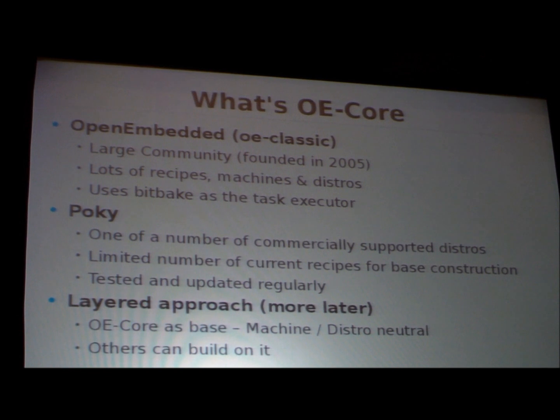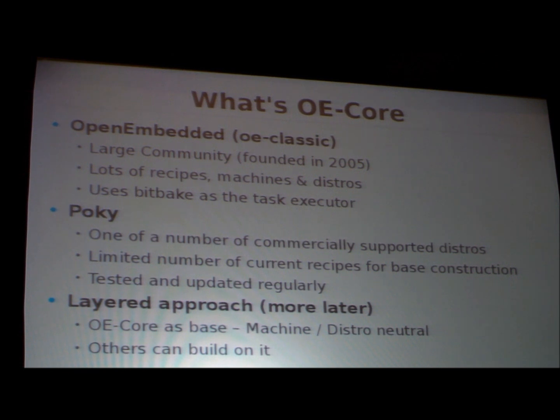And so as the Yocto Project came to be, we worked with the OpenEmbedded community to create that core out of Poky that gives it the latest and most up-to-date single set of recipes, rather than what was in OE Classic. And it's machine and distro neutral.